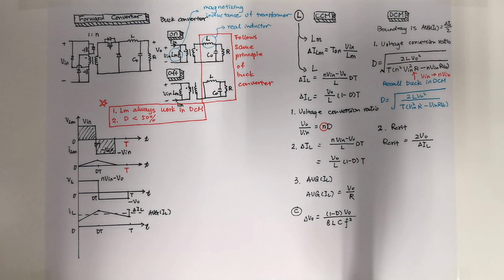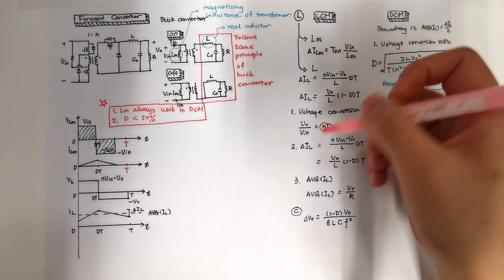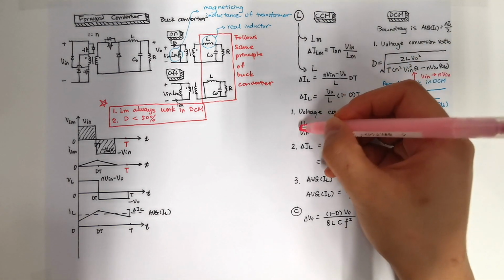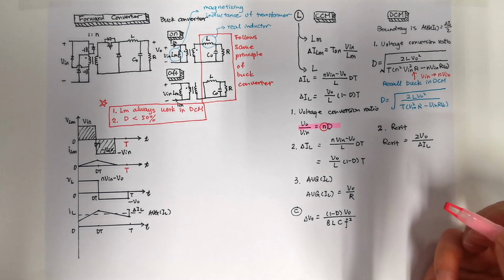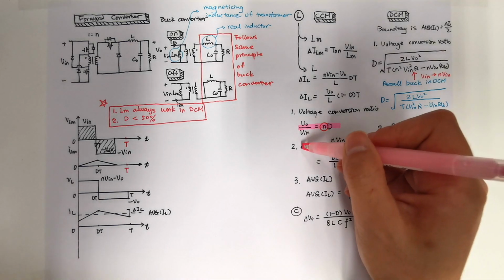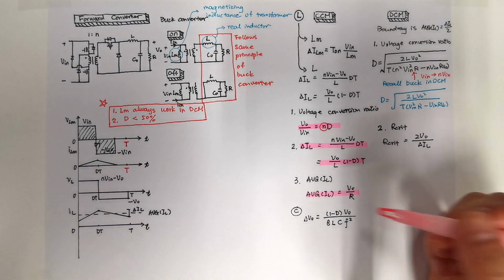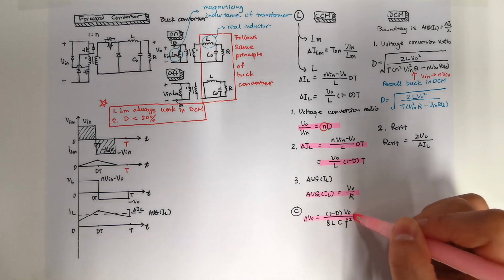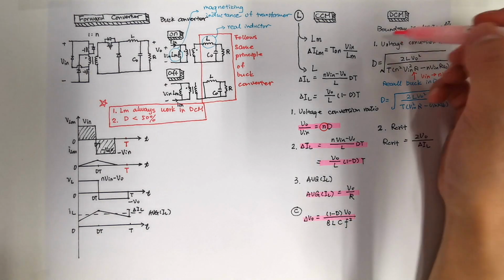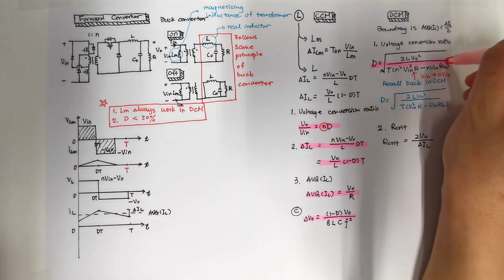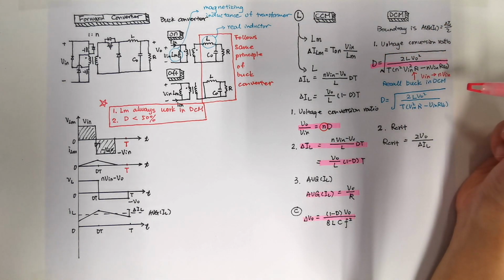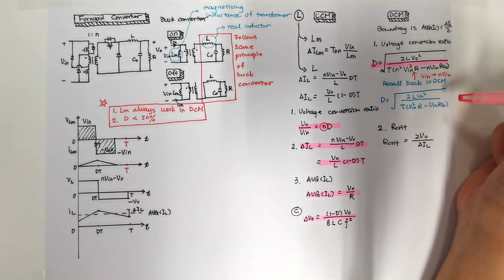So in the forward converter, what we should remember is the voltage conversion ratio in CCM, how to calculate delta IL in CCM, the average inductor current, and delta Vout, which are the same as the buck converter. Only remember to replace your Vin in the buck converter with N Vin, and you get the forward converter formula.